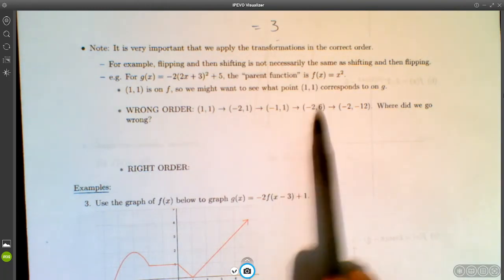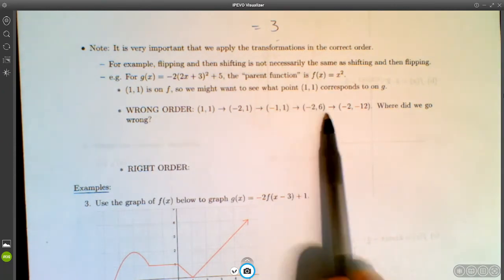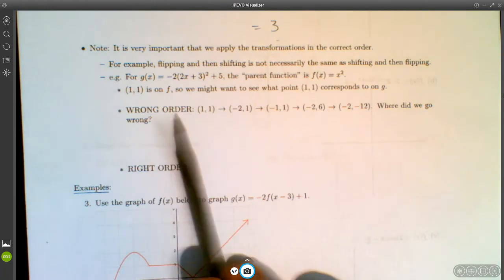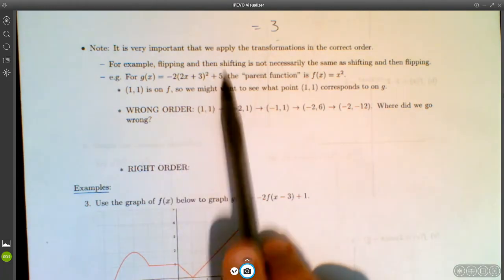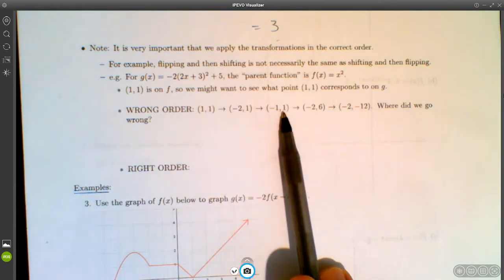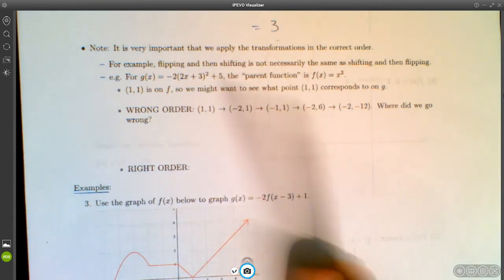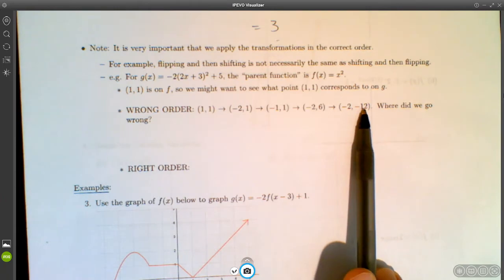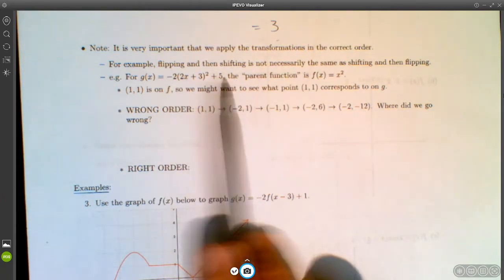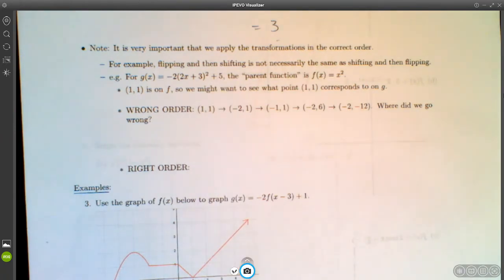So we should get (-1, -2). But instead we're writing down (-2, 6). Now why did we get this? I think whoever was doing this did it in the wrong order, and they tried to add 5 to the y coordinate before they multiplied by -2. In fact, I'm sure that's what they did. 1 plus 5 is 6, and then 6 times -2 is -12. But that's the wrong order, right? When you're applying the transformations on the outside to your y coordinate, you use the correct order of operations.